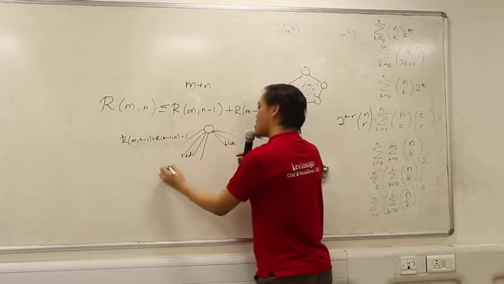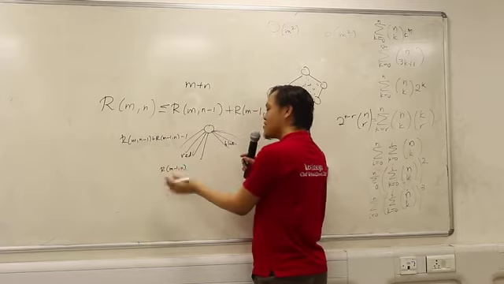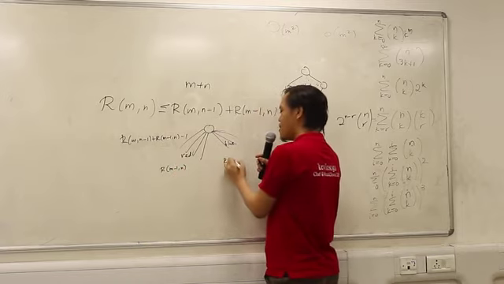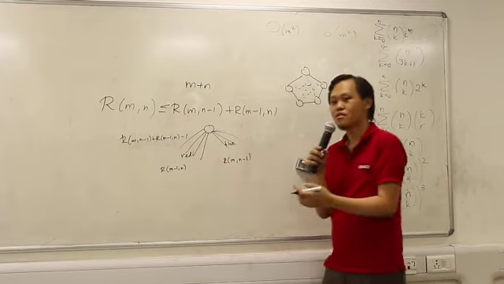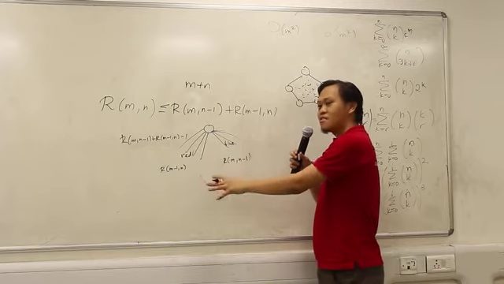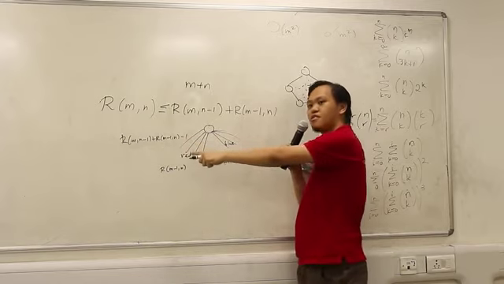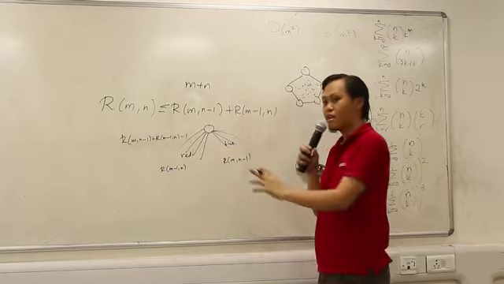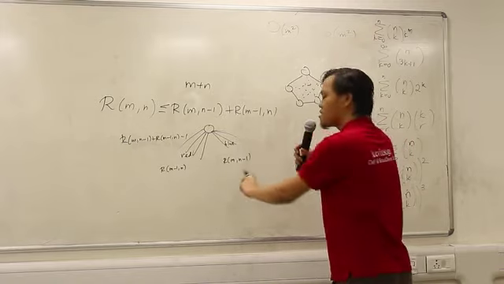Either there are at least R(m-1, n) red colors or R(m, n-1) blue colors. There cannot be less than this on both, because if there are less, then the sum will be strictly less than this. Okay? So let's try both cases. I hope I didn't swap them.